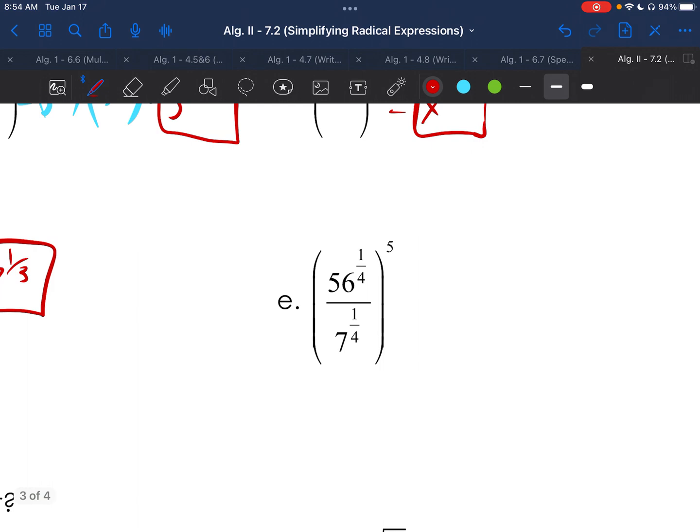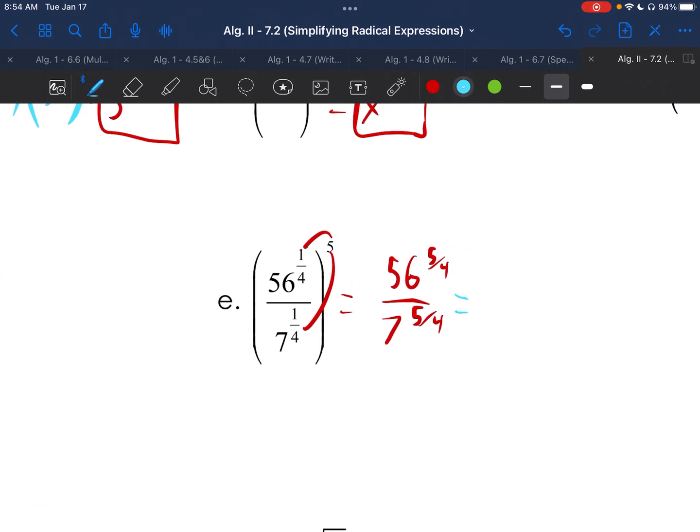Letter E. One way that might be helpful for us to look at this is to multiply exponent to exponent and get 56 to the 5/4 over 7 to the 5/4. Now 56 and 7 are not the same base, so we can't just subtract those exponents.